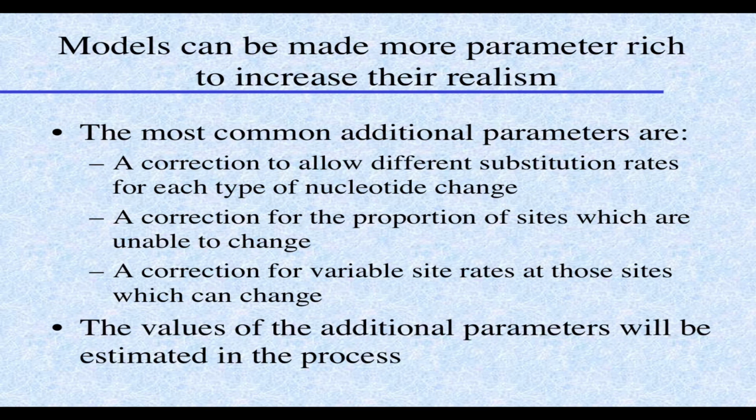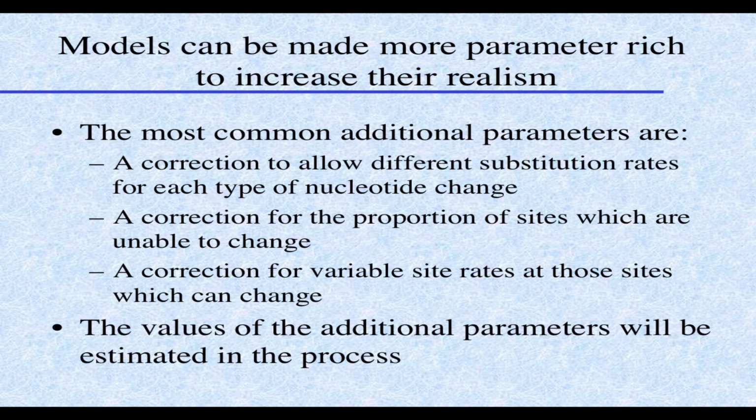Okay, so this idea of parameterizing, adding in values for the different possible changes, is a maximum likelihood approach. Parameters are different substitution rates for each of the possible nucleotide changes from one to the other. I guess there's 12 possibilities.